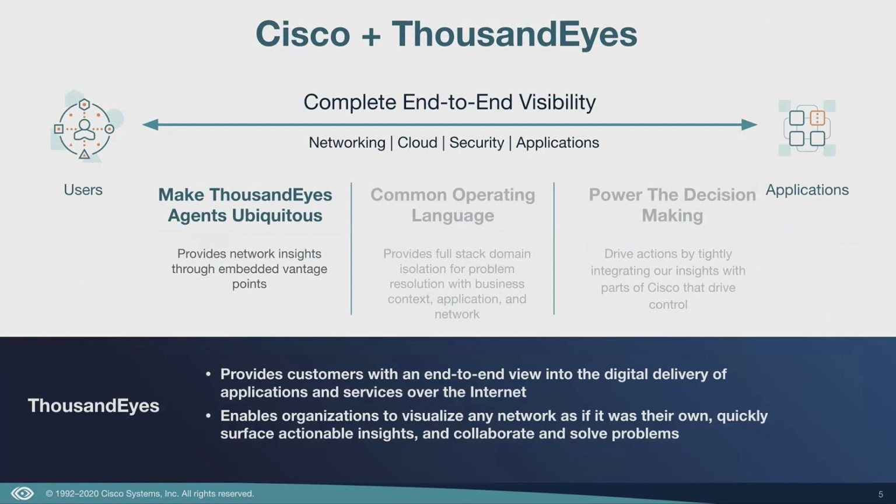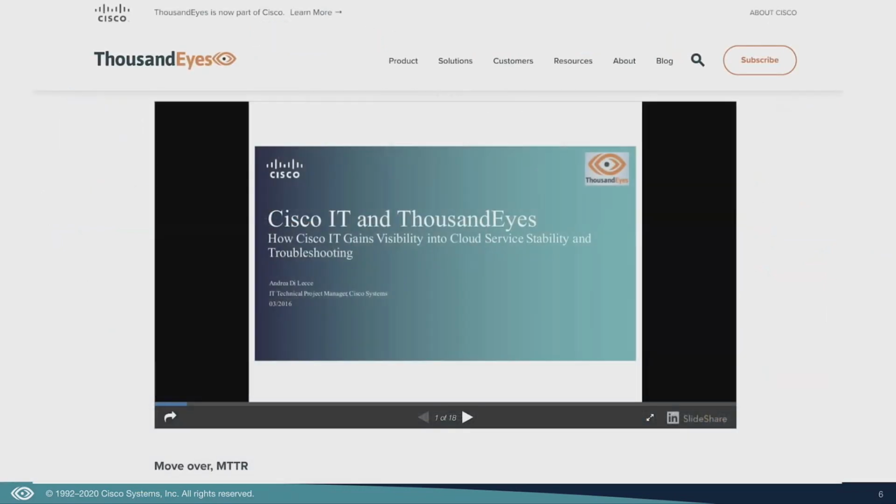I wanted to walk through the core pillars of our vision within Cisco. The first is how we make ThousandEyes agents as ubiquitous as possible across the corporate infrastructure environment.